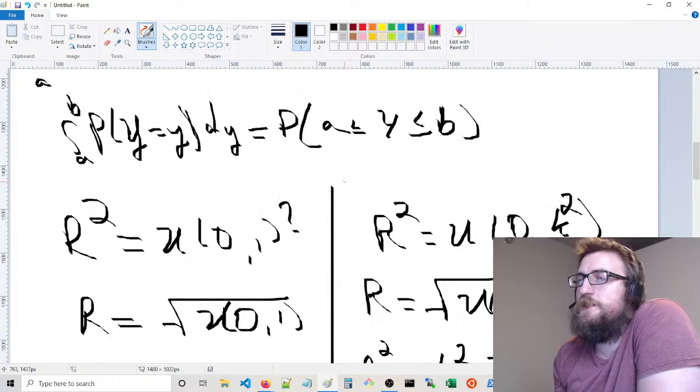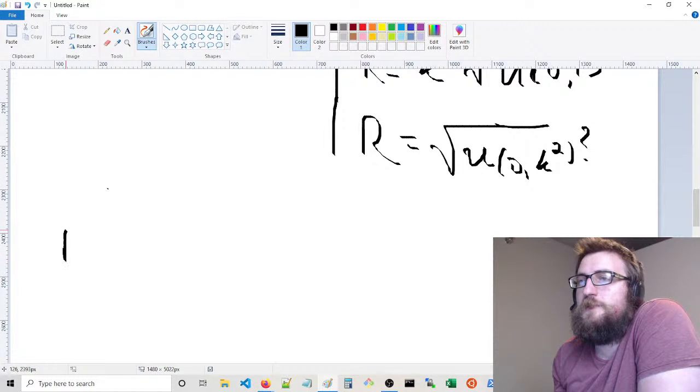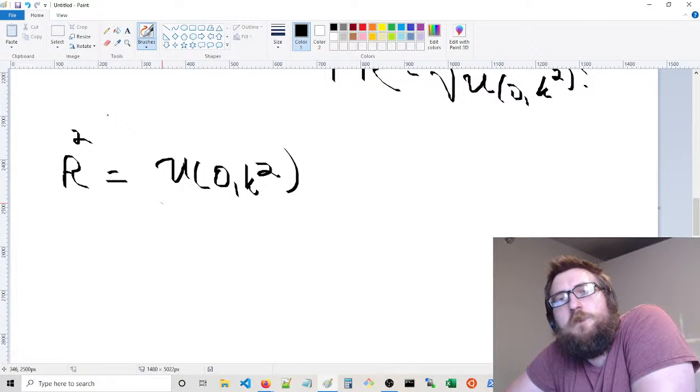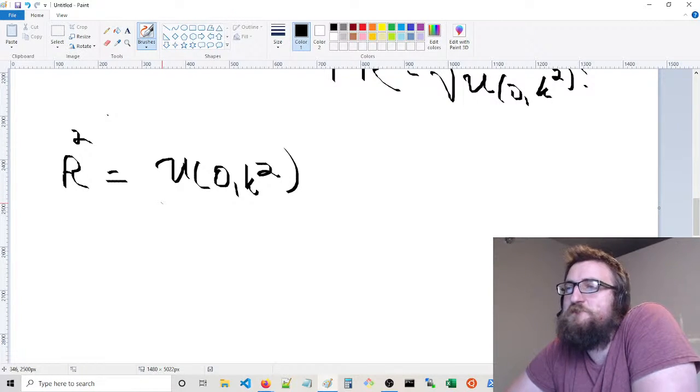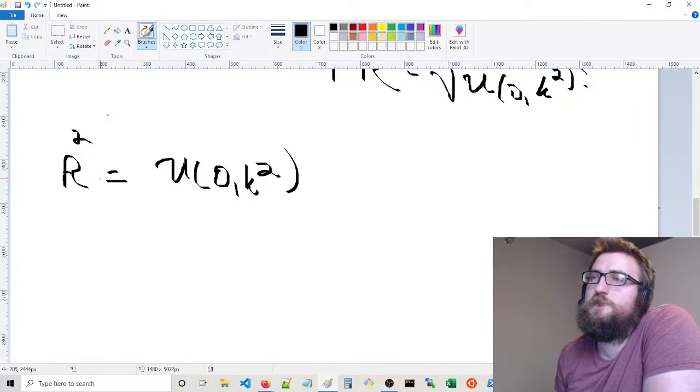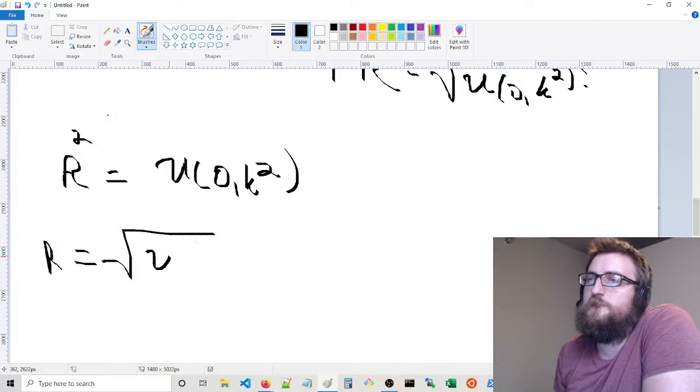Basically, you have this random variable r, and you want it to be uniformly distributed from 0 to k squared, but it's actually r squared that you want uniformly distributed, from 0 to k squared. Which means that r is the square root of that uniform distribution from 0 to k squared.